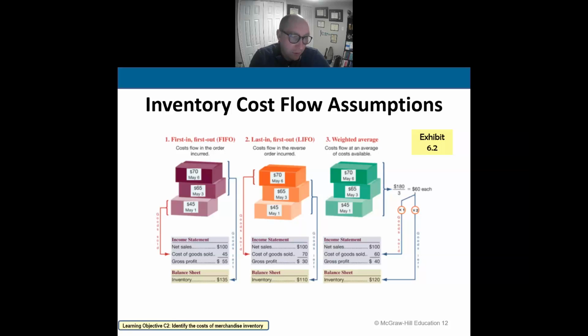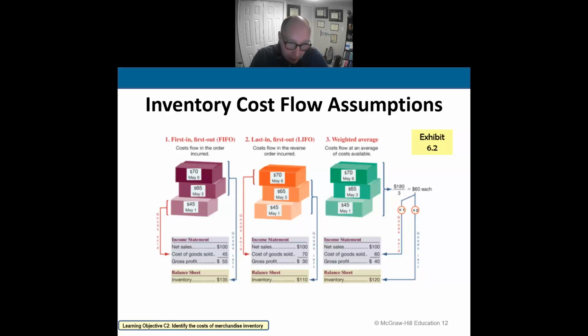So, the first thing I do is I calculate the first in, first out method. Get an idea of what that looks like. So I bought 3 pairs of shoes. I sold the first pair. The first in, first out. I sold the pair of shoes for $100. Remember, it cost me $45 for that first pair.